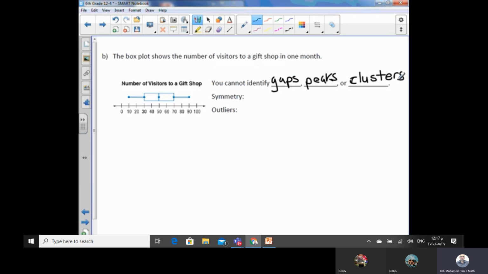Okay, now symmetry, I would definitely say it's symmetric. So I can draw a line, that's a little thick. I can draw a line right down the center, and it's the same on both sides. So I would say that this does have symmetry. So this is symmetric.